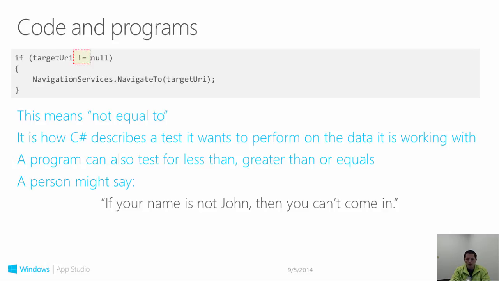The exclamation point equals is the C# method for signifying is not equal to. Comparisons like these are represented with symbols like the less than sign or the greater than sign. These symbols are referred to as operators. For this example, is not equal to, you might express this type of comparison in English as, if your name is not John, then you can't come in.